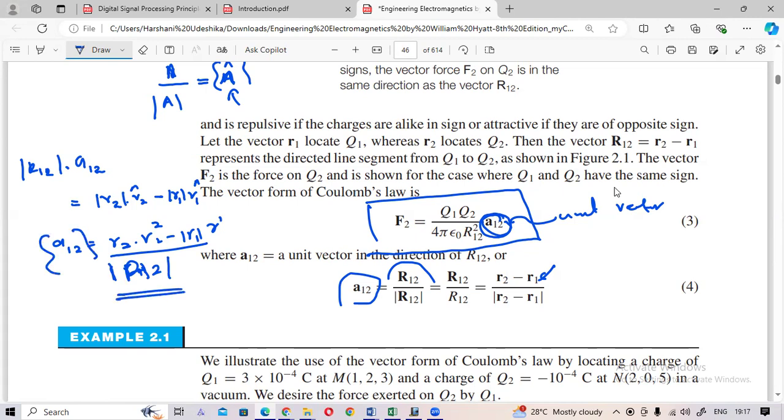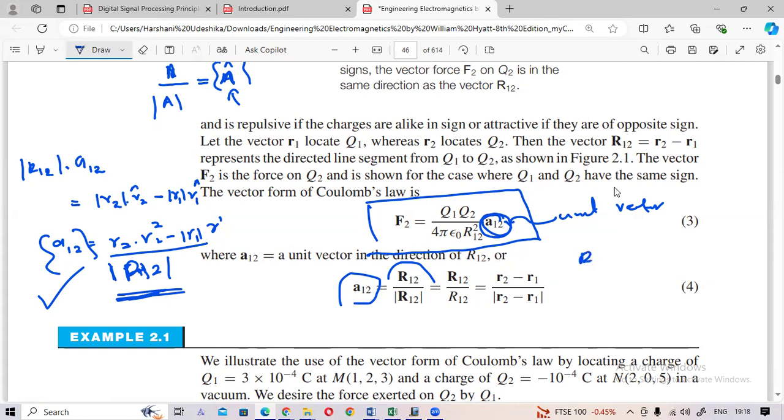This equation is somewhat different. So how do we find A12? Actually, this one also is correct. This one also is correct. So here it is not the same equation, it is just this way also.